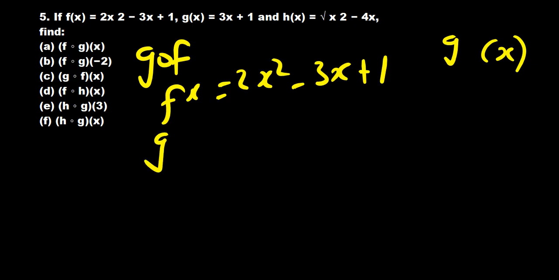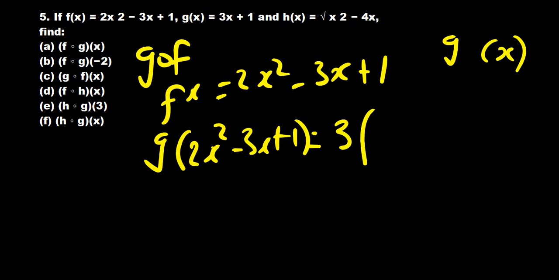We say g of 2x squared minus 3x plus 1 is equal to 3, wherever there is x we'll be replacing it by f of x, and our f of x was 2x squared minus 3x plus 1, then this plus 1 outside.